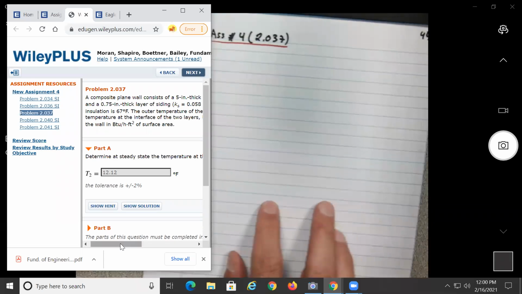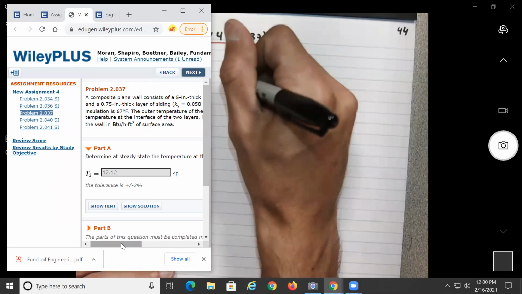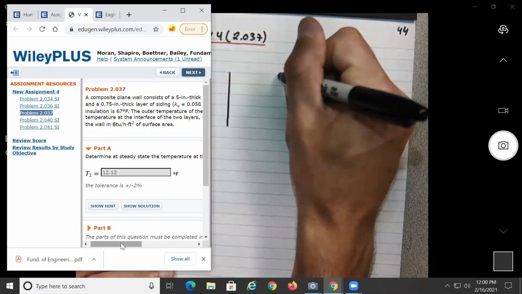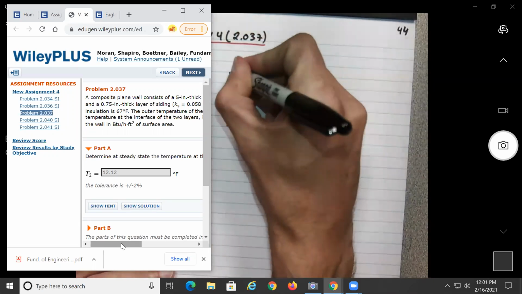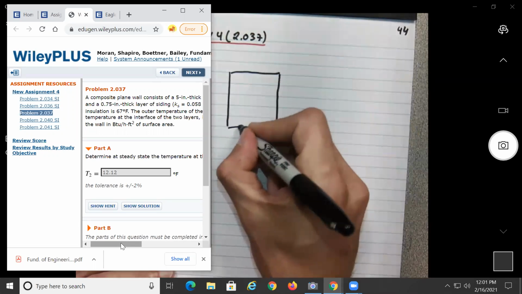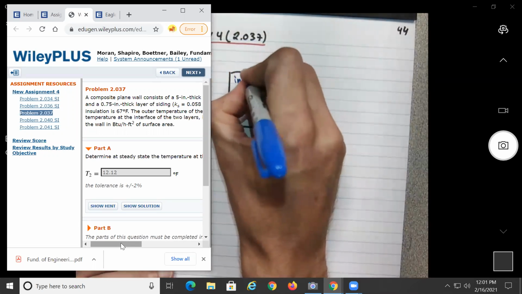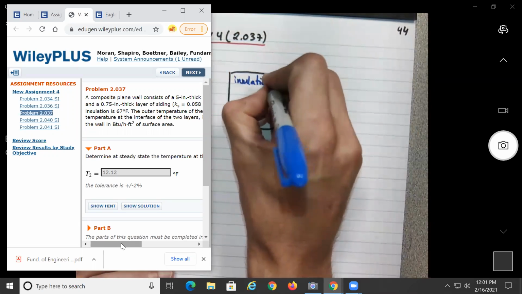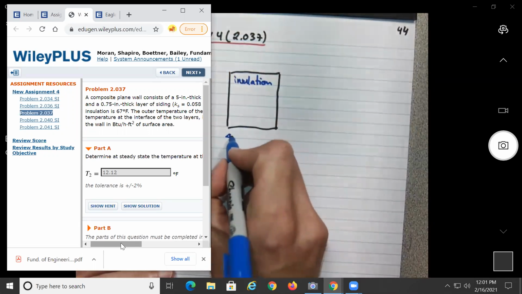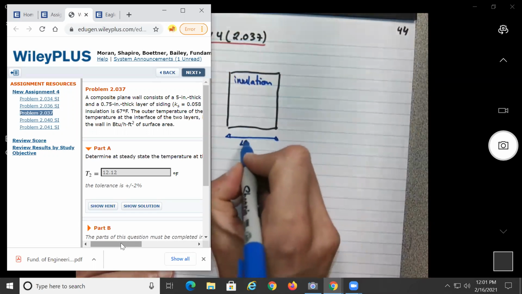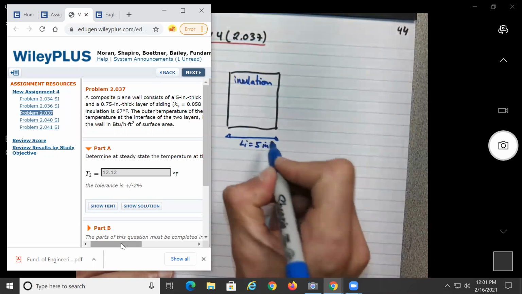Okay, so let's see if I do the figure. This will be the insulation, where we know that the thickness is 5 inches.